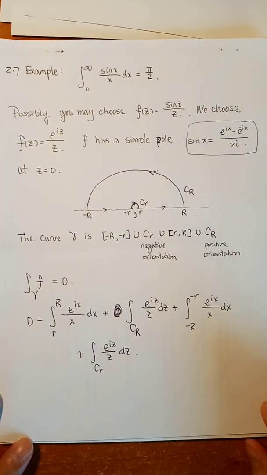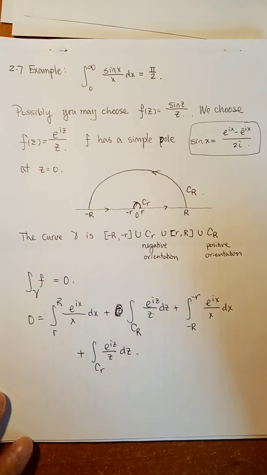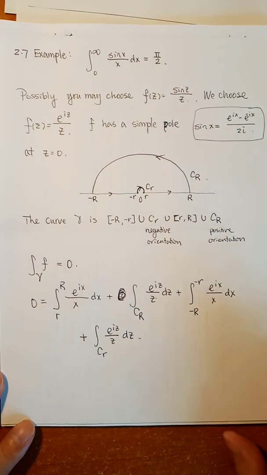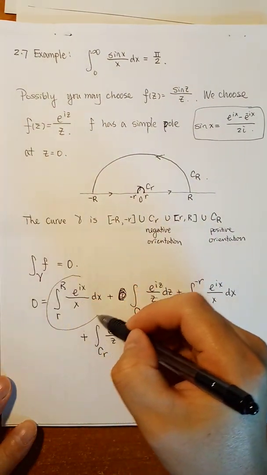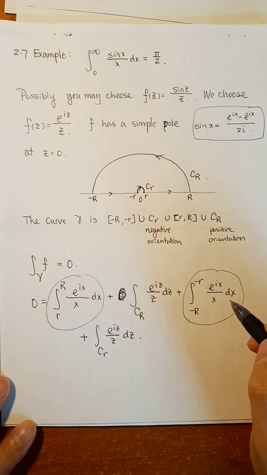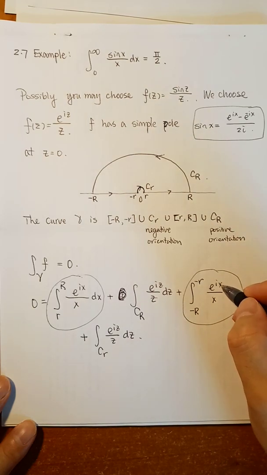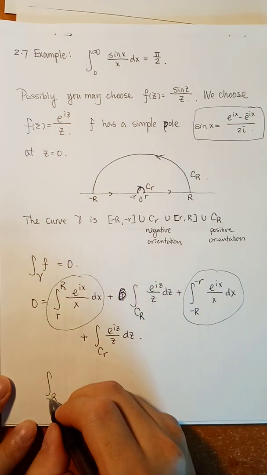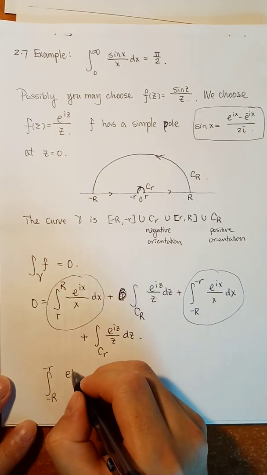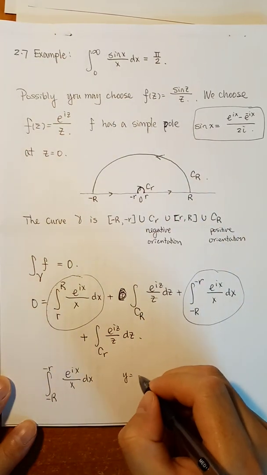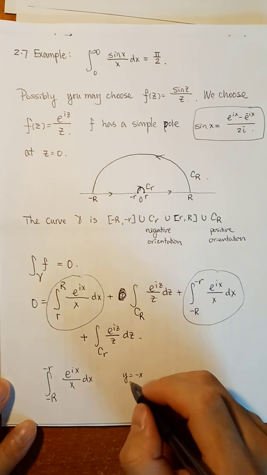Okay, so that's the part by part integrals. And for this part we are going to use a variable substitution. Check here, from negative capital R to negative little r of e to ix over x dx. You just let y be negative x.